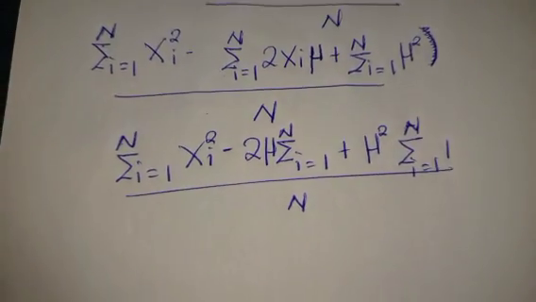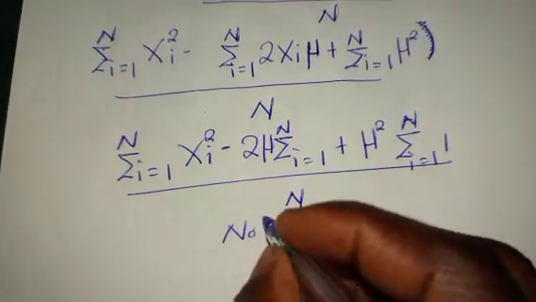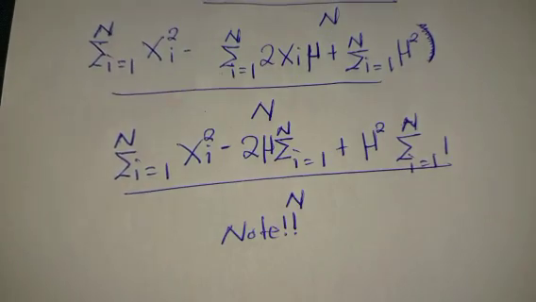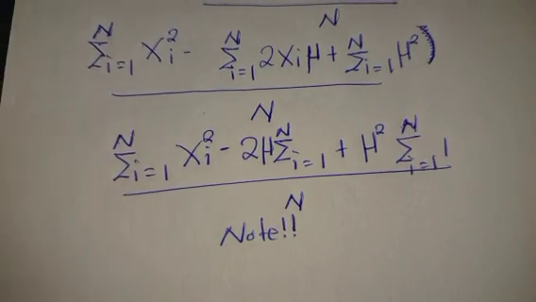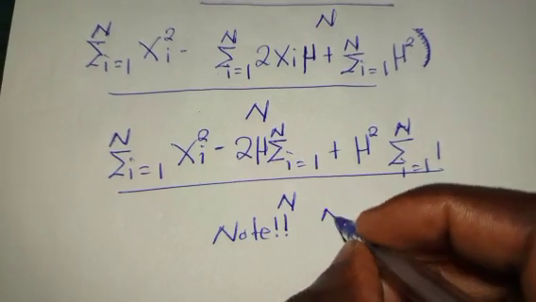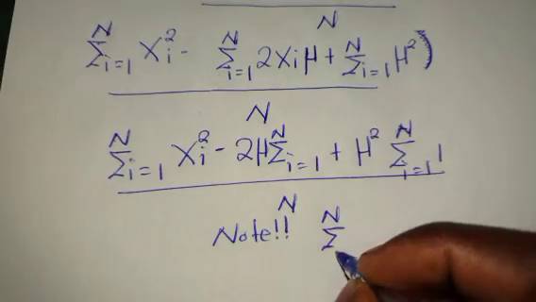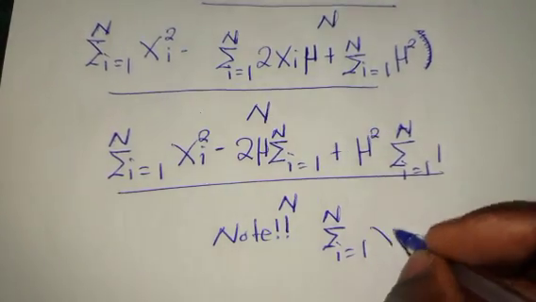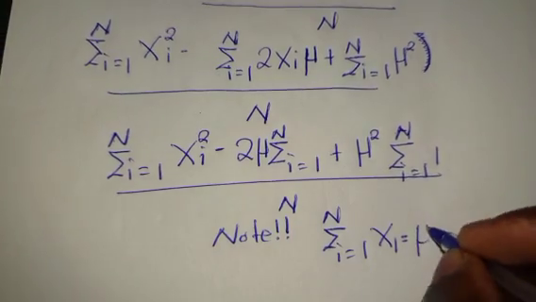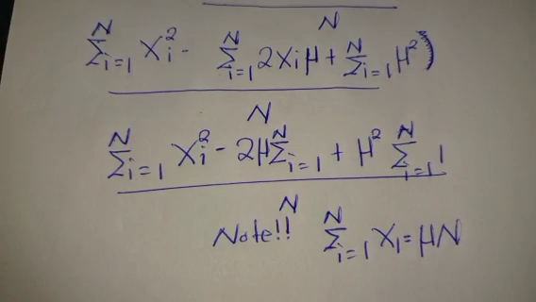When we are making a complex equation into something short, there are things we should always note. The summation of i equals 1 to n of x_i is the same as mu multiplied by n.